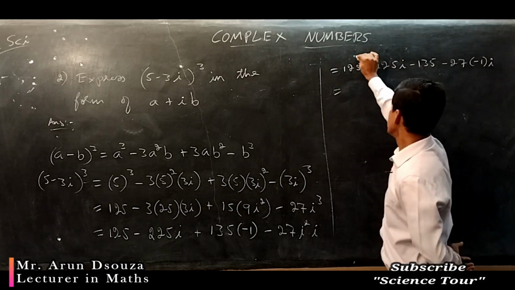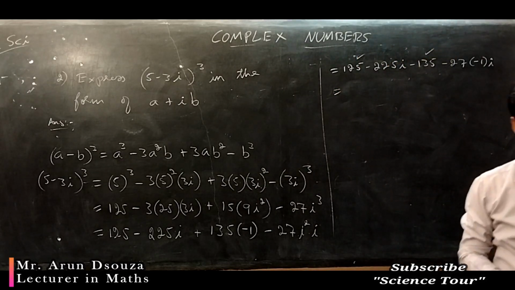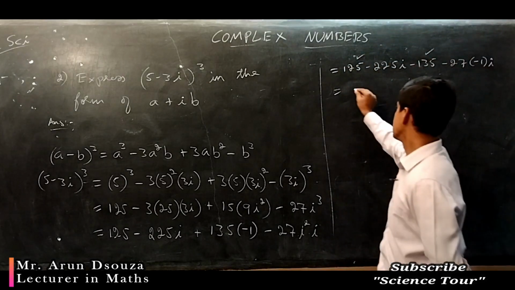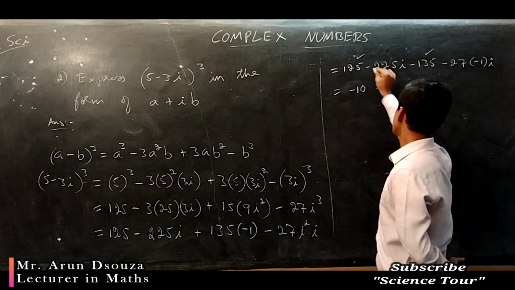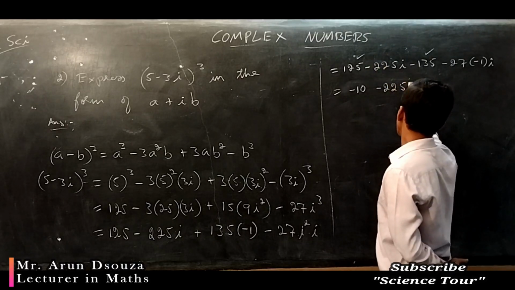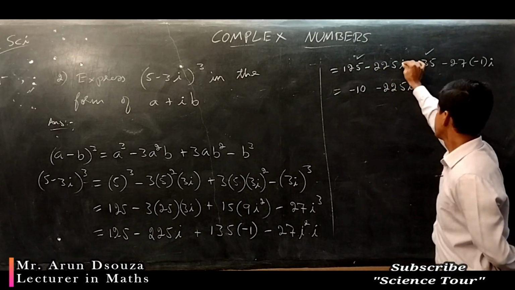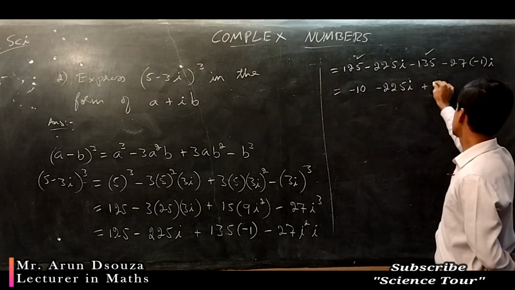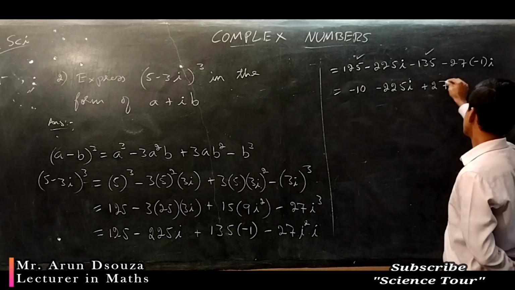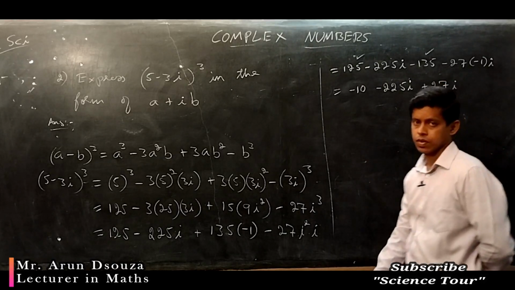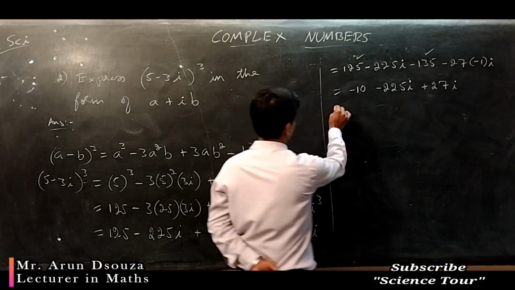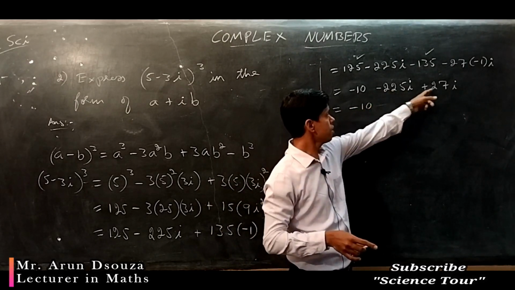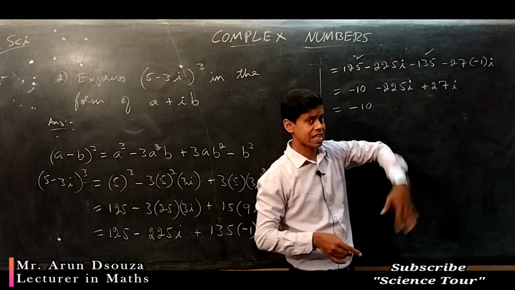Okay, now look at this, you can simplify these two things, 125 minus 135, so that is minus 10. So this is minus 10 and this is minus 225I. Then minus and minus will be plus 27I. Finally, this is minus 10. Look at this, this is minus 225 plus 27, so you must subtract actually.